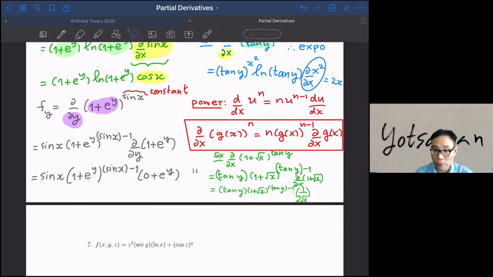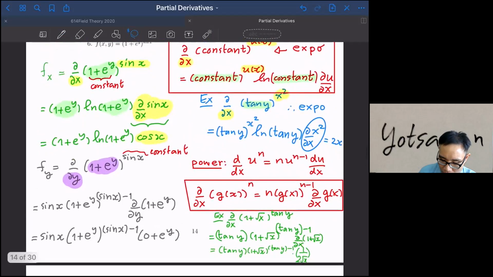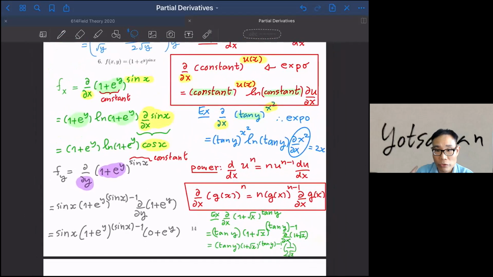Okay, so that will be our example. The thing that I'd like to conclude is that it turns out to be two cases.